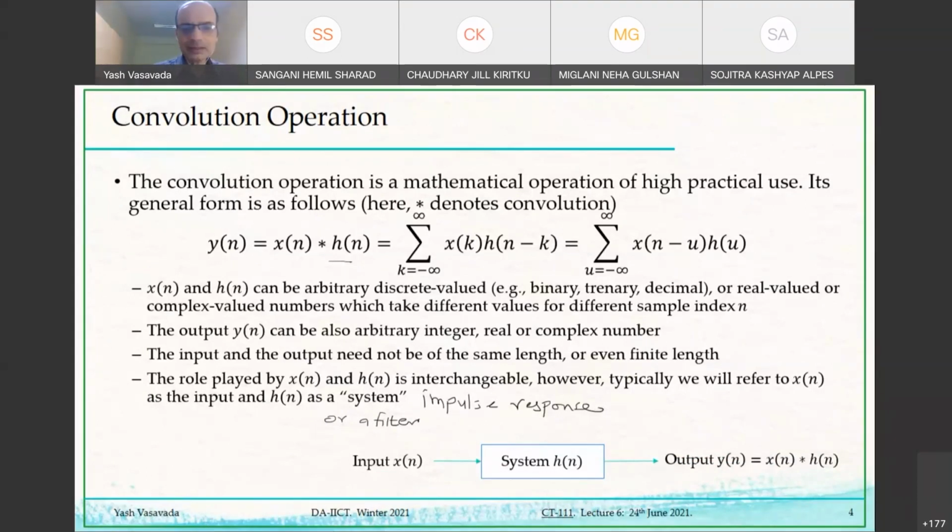So let us see why this h of n is called the impulse response, as we had noted down earlier.